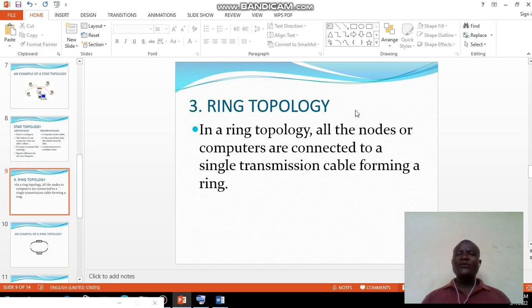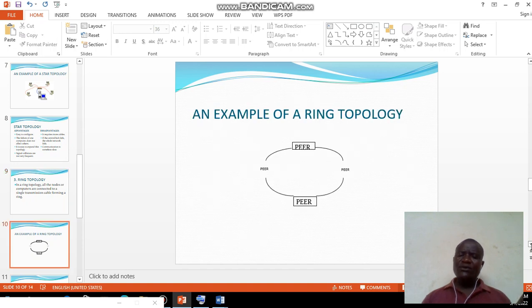Number 3, we have got a ring topology. In a ring topology, all nodes of computers are connected to a single transmission cable forming a ring. This is what it means. There's a computer here, a computer there, a computer there, and a computer there.